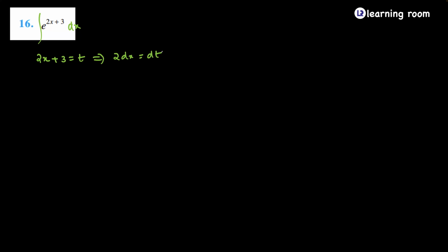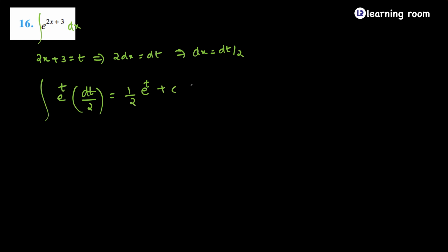So what will be the value of dx? Dx will be dt by 2. So integral of e power 2x plus 3, I can write it as t. And in the place of dx, I can write it as dt divided by 2. Answer will be 1 by 2 times integral of e power t dt, which is going to be e power t itself. So e power t plus c. So 1 by 2 times e power 2x plus 3 plus c.